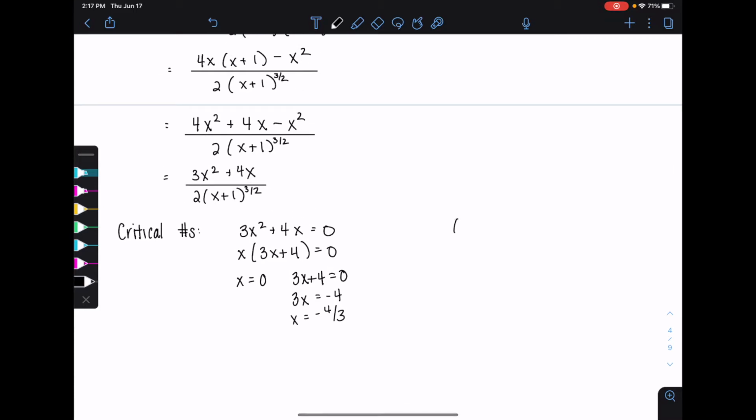And then we also want to see where our denominator is equal to 0. And that really is only going to happen when x equals -1. But going back, we only care about numbers greater than -1. So these are not in the domain, which starts at -1 and goes to positive infinity. So really I have a single critical number, which is going to be 0.